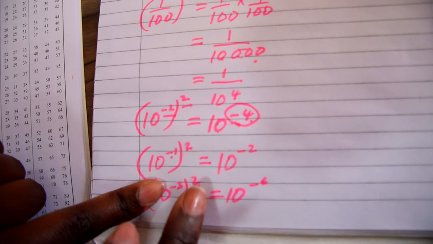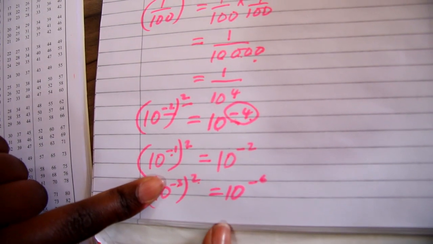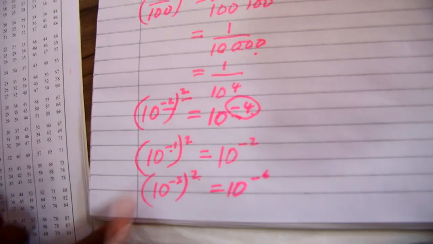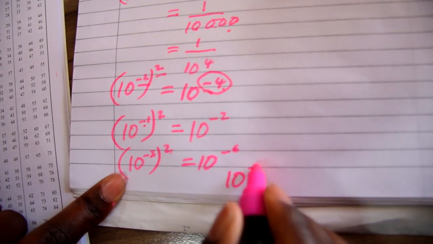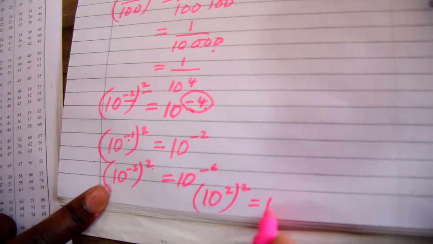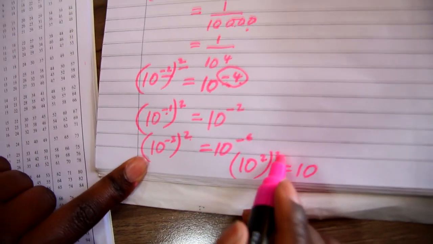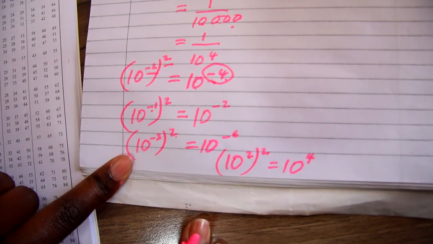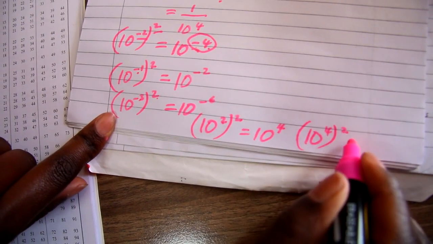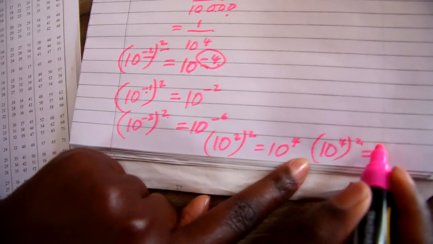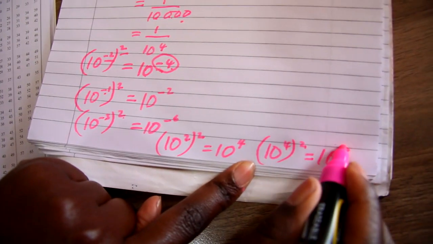Now this is not only the case. This case applies even when the power is positive. So if you have 10 power 2 squared, you will just need to multiply 2 by 2 to obtain 10 power 4. If you have 10 power 4 squared, you will just multiply 4 by 2 to obtain 10 power 8.